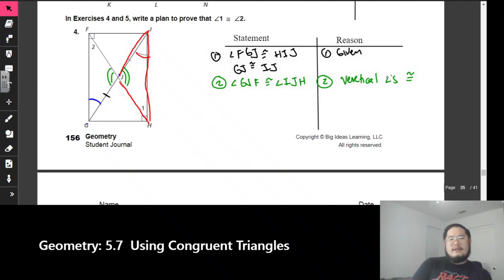So now if I take a look at all my information here, looks like I can go ahead and state in statement 3 that I have two congruent triangles. I could say triangle GJF is congruent to triangle IJH.